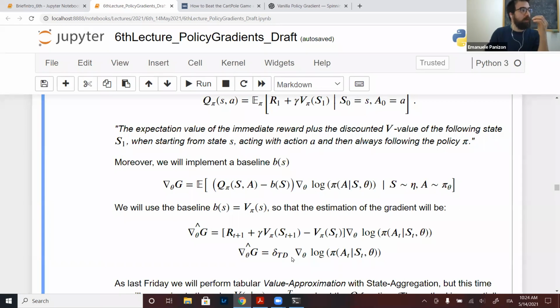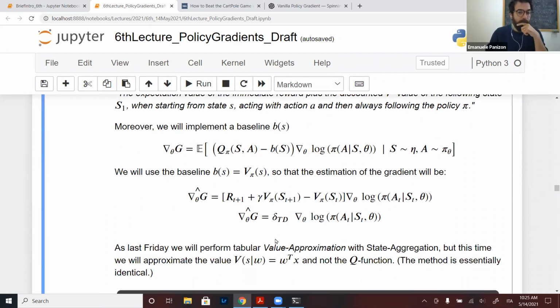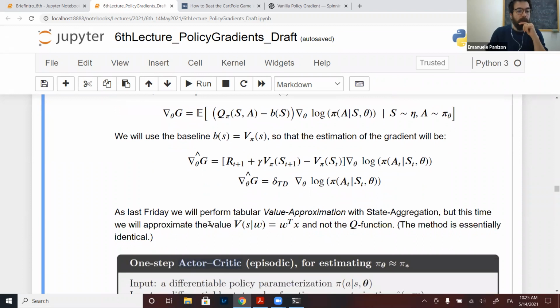Okay, so in REINFORCE we have the Monte Carlo approach. Now in actor-critic, with this kind of choice of baseline, we have essentially crossed over from Monte Carlo to the TD error. Good.